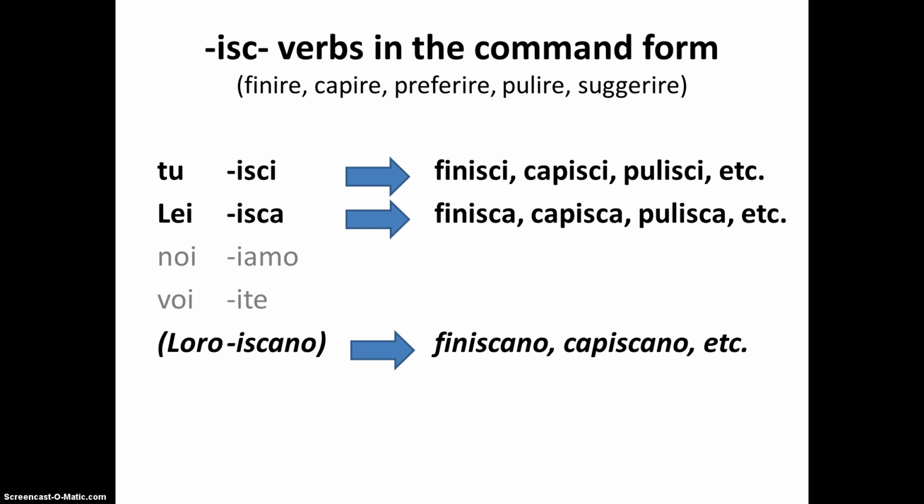Listed here are the endings used for these verbs. Notice that the noi and voi forms are regular. Tu, -isci: finisci, capisci, pulisci. Lei, the formal, -isca: finisca, capisca, pulisca. And I have the loro form at the bottom even though they're infrequently used.